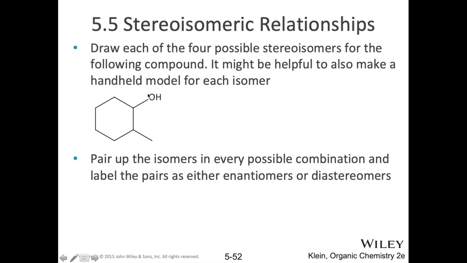Think about the cis-trans relationship of this methyl group and this alcohol group. If this is pointing up and this is pointing down, or if this is pointing up and this is pointing up, and so on. Think about how many different combinations you can make. And then, once you've done that, ask yourself, are these combinations enantiomers or diastereomers?